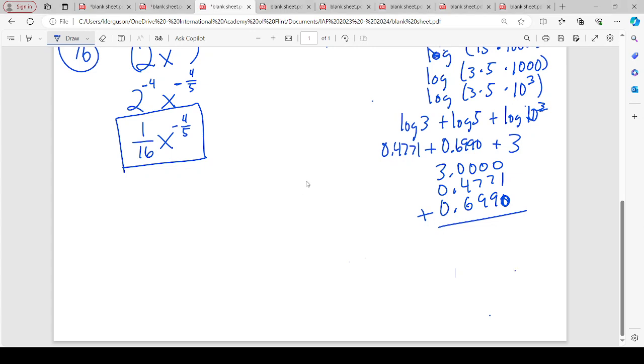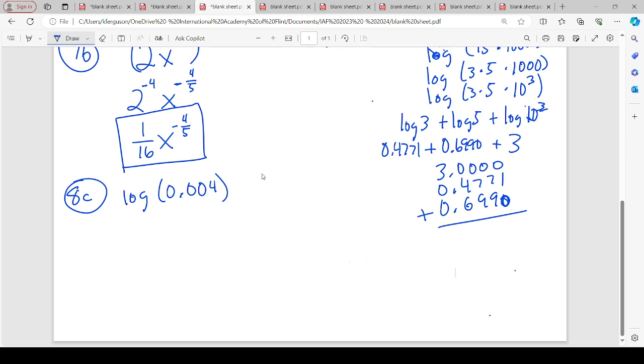Okay, so I'm going to go back and talk about 8C. 8C is log of 0.004, or 4 thousandths.